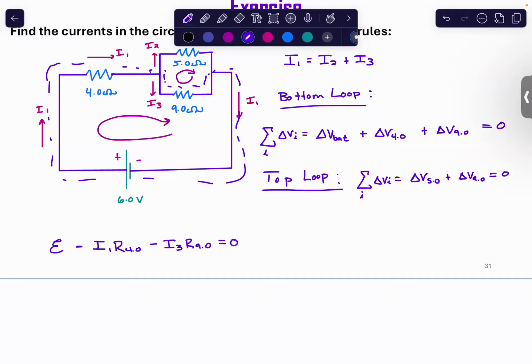You see, I3 splits off and goes that way, across the 9 ohm resistor. I'm going in that same direction when I cross this. So since I'm going in the same direction as I3, it's going to be a negative I3.